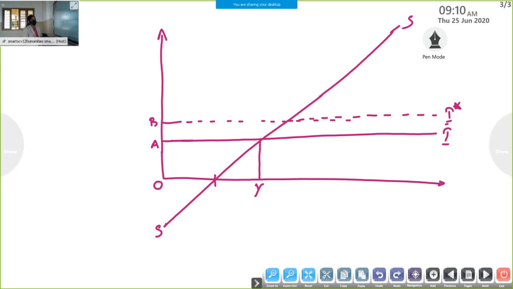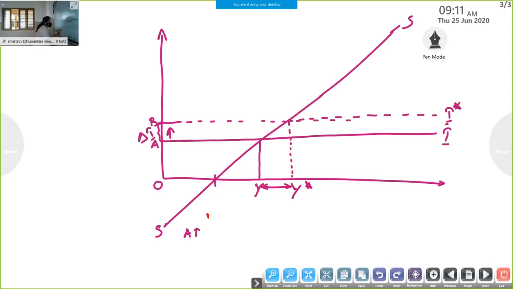When investment rises, the investment curve shifts from A to B. So this much is delta I, and we are getting a new level of equilibrium, Y star. See, here only this much change in investment causes greater changes in income.